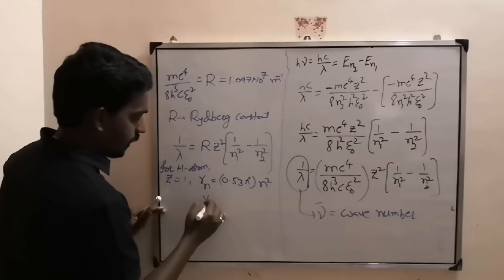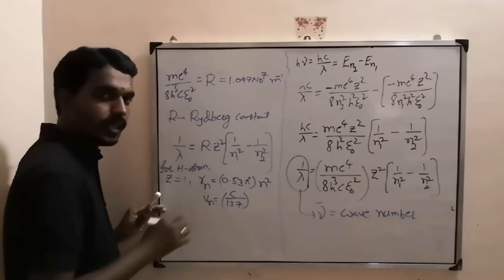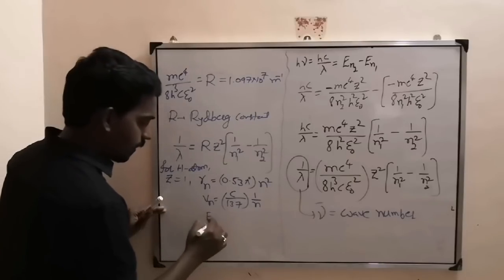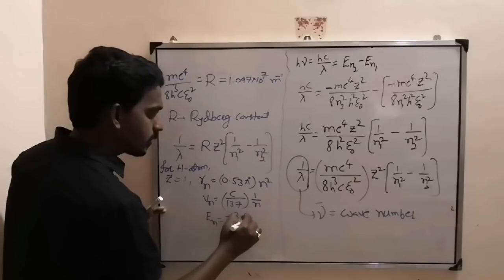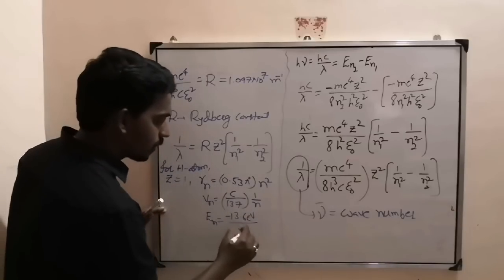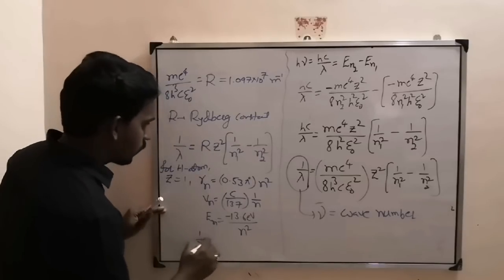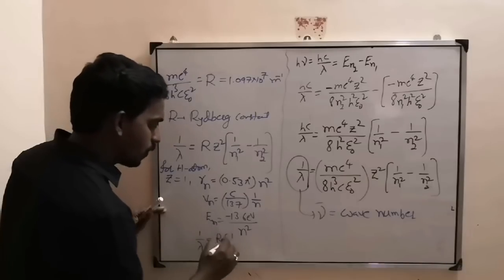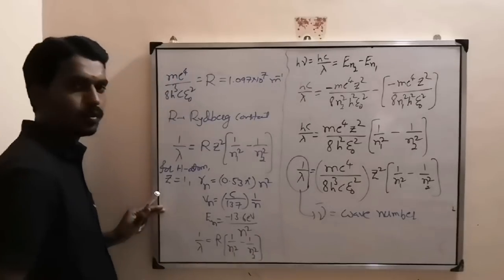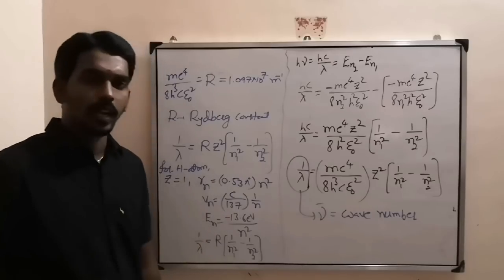Then Vn is C by 137 times Z by n, but Z is 1, so 1 by n. And En is minus 13.6 electron volt, Z square by n square, but Z is 1, so n square. Here 1 by lambda equal to, Z is 1, so R into 1 by n1 square minus 1 by n2 square. So these are the equations for the hydrogen atom.